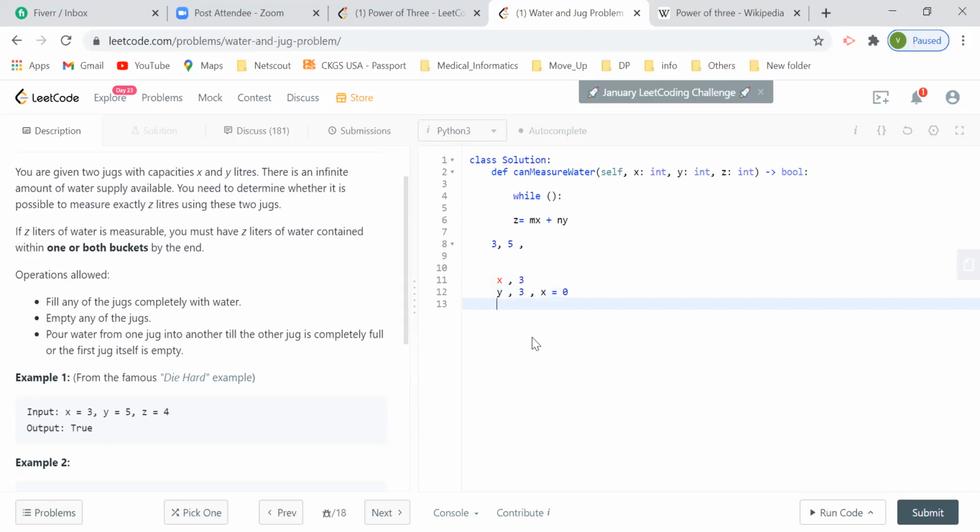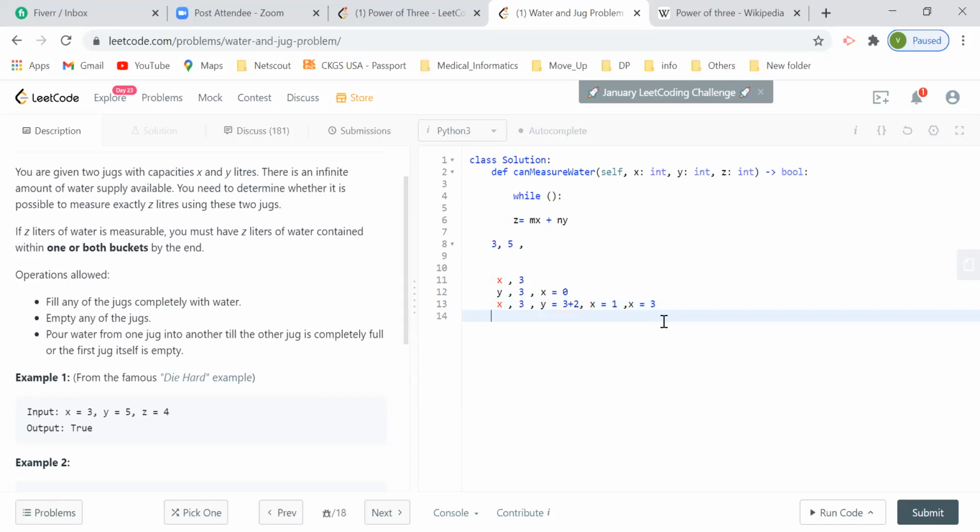Then you fill x with 3 again and pour into y. Y can only hold 2 more, so after this operation x will have 1. Then you can add x is equal to 3 later, so you will have 4. This is how you can measure.